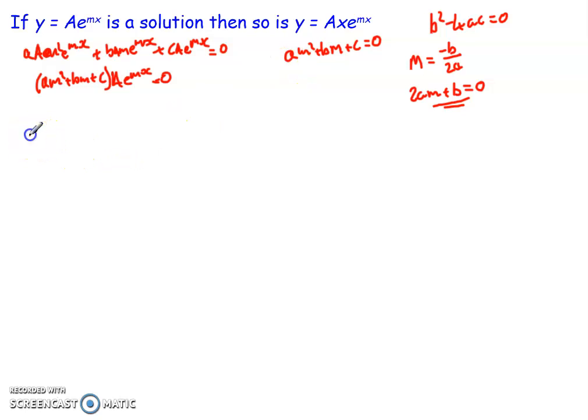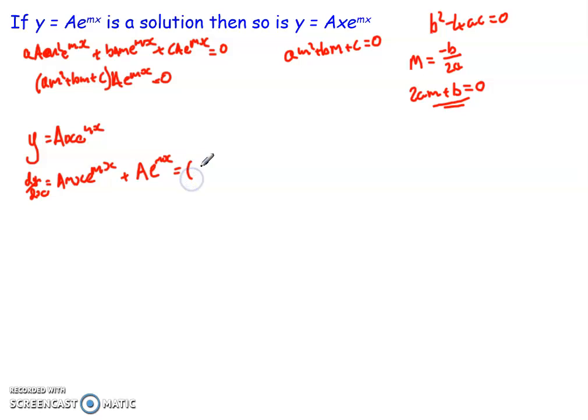Well, let's have a look at that. So we know y equals ax e to the mx. dy by dx is equal to amx e to the mx plus ae to the mx. This is just using the product rule because we've got two functions dependent upon x multiplied together.